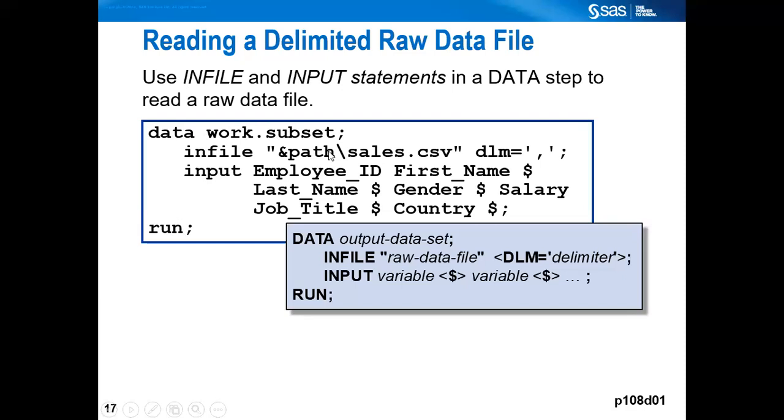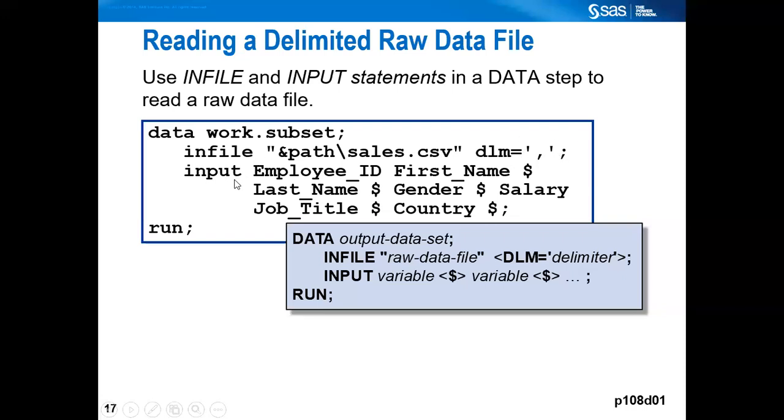Because we are creating from a raw file, in the INFILE statement the path along with the file and its extension has to be provided. And because this file is comma separated, we need to give the delimiter in the INFILE statement itself, in quotes, which is comma.